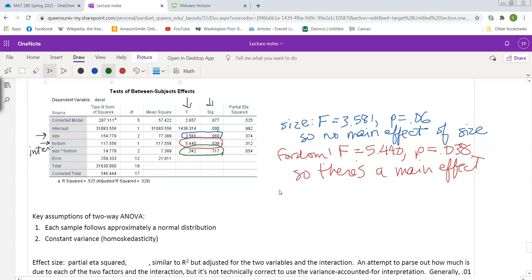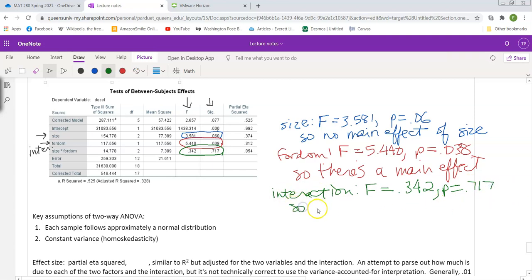So the interaction has an F value of 0.342 and a P of 0.717.